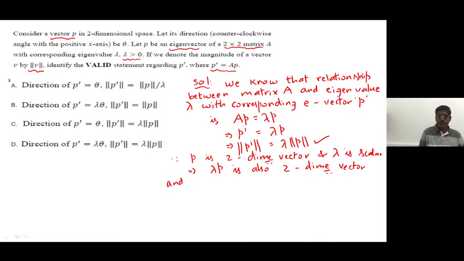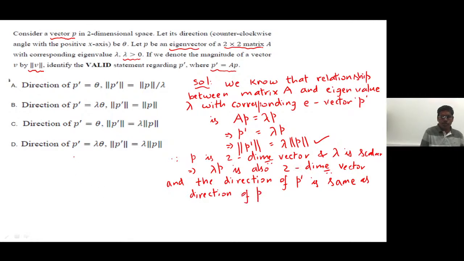And the direction of P dash is the same as that of P, that is the direction of P.